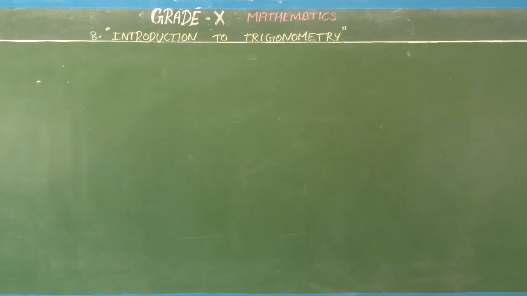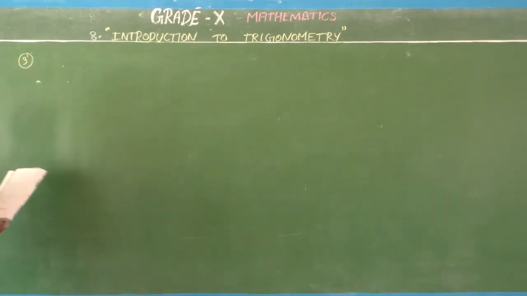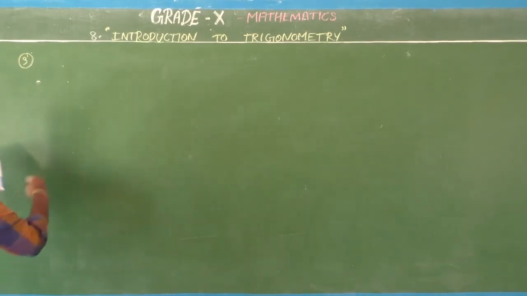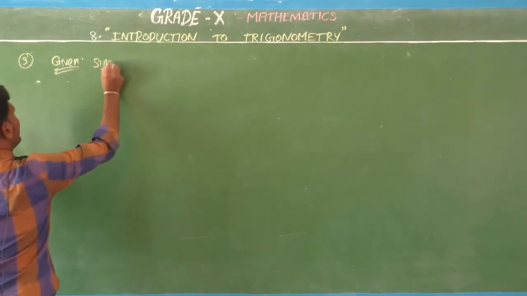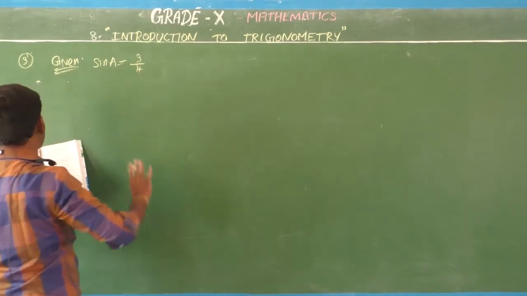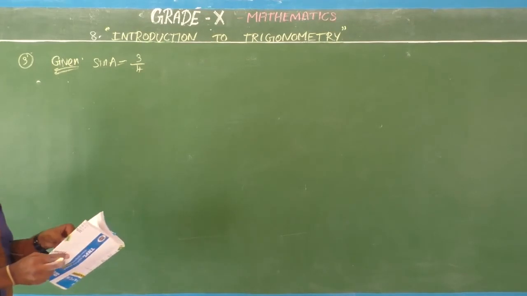Next question is question number 3. It is given in sin A, which is equal to 3 by 4. This is also the same pattern as example 1.